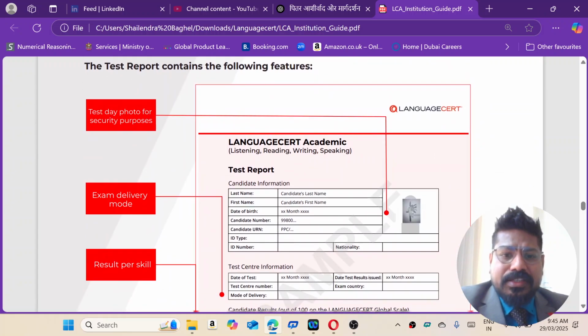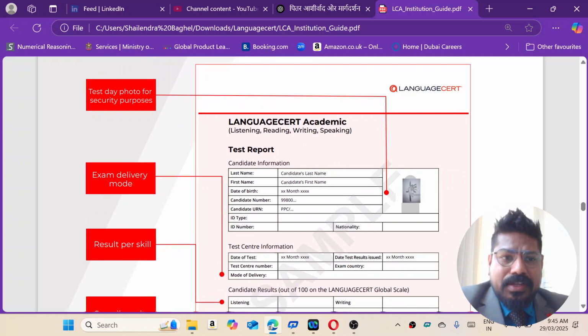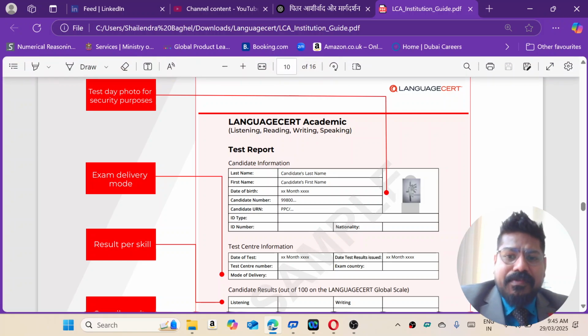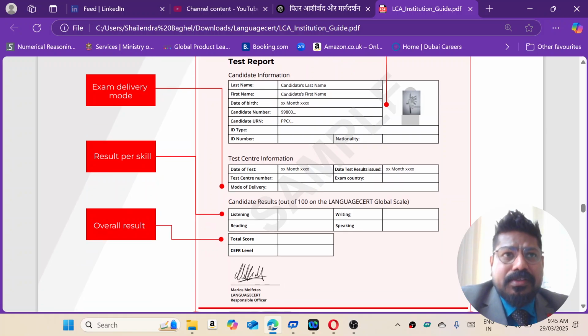And then that's how your exam result would look like. If you see on this end, you will have a photograph. Then your last name, first name, candidate number, test center, result per skill.